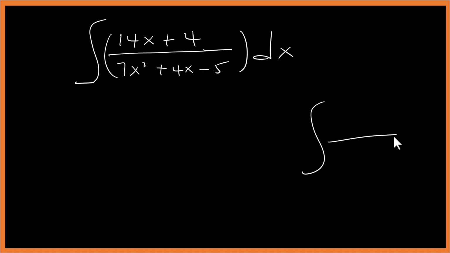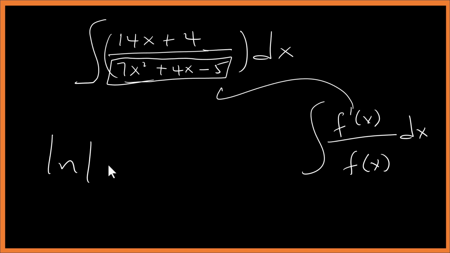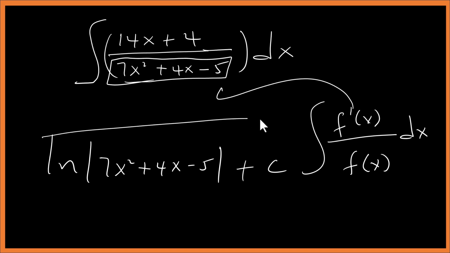If you see that, the answer becomes the natural log of the absolute value of the denominator. We don't waste time on it. Once you check and it obeys this, the answer will be the natural log of the absolute value of 7x squared plus 4x minus 5, plus c, as simple as that.